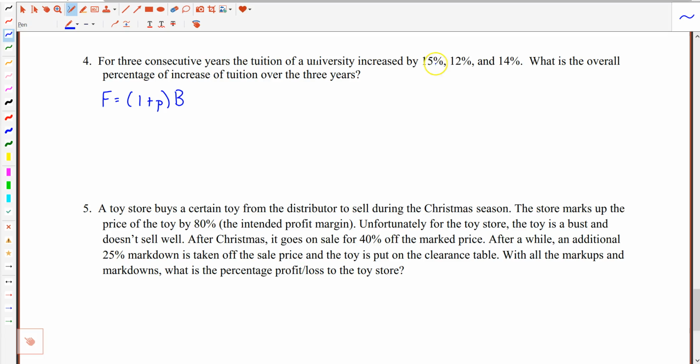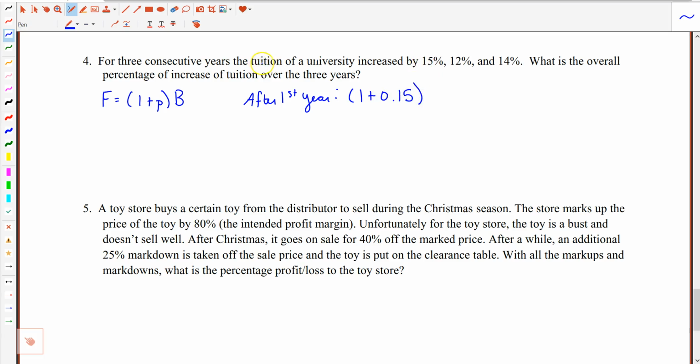So let's first do the tuition after the 15% increase. So this would be after the first year, the tuition is going to be given by 1 plus, and because it's a 15% increase, it'll be 0.15.